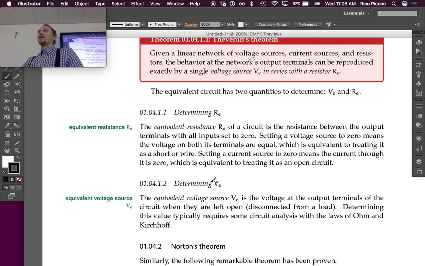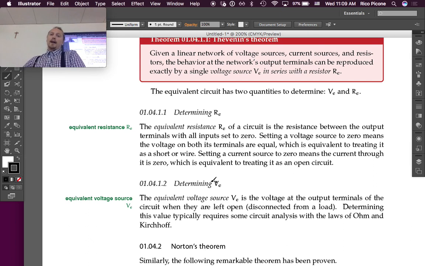If it was a 5-volt voltage source, the difference between the two terminals would be 5 volts. But if you're setting it equal to 0, the difference between the two terminals is 0, which is the same as a wire, which has a voltage difference of 0. So you could think about just putting a wire in the diagram wherever a voltage source shows up when you're trying to find the equivalent resistance.